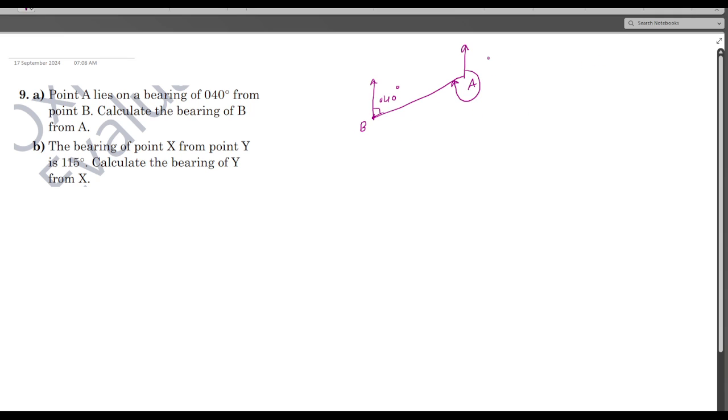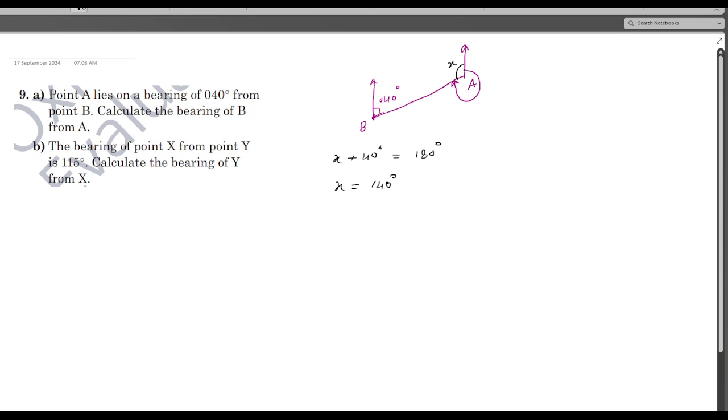So this can be found out. Now we have one angle over here. Say this angle is X. So you know that X plus 40 degrees is equal to 180 degrees. They are co-interior angles between the two parallel lines. So X is equal to 140 degrees.